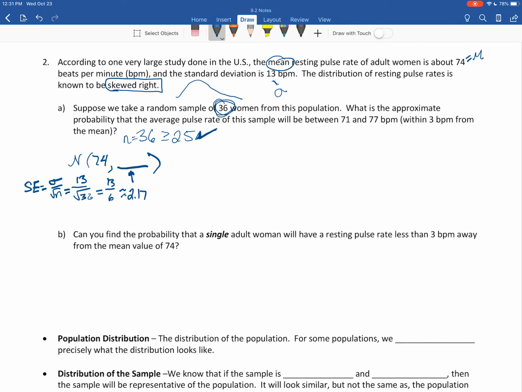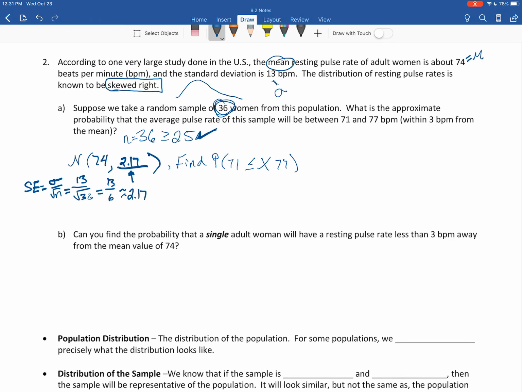That's what goes up here. Because we took a larger sample, a sample of 36, that's going to bring that standard error in from the standard deviation. It was 13, now it's only 2.17. We're going to find the probability of being between 71 and 77 beats per minute.